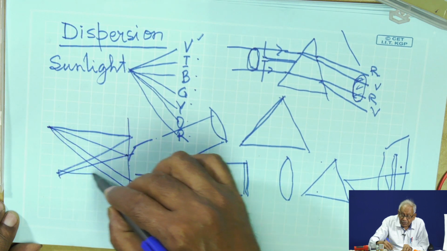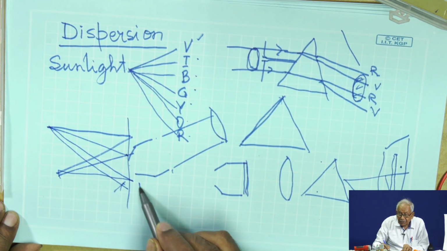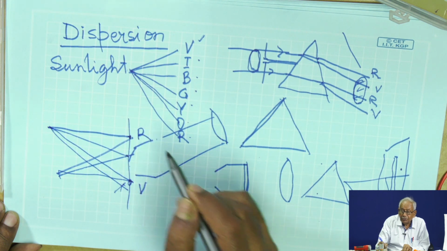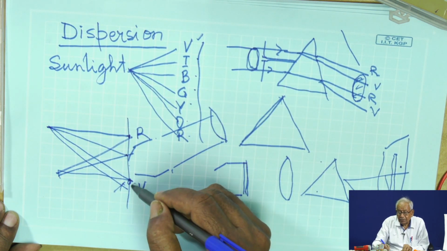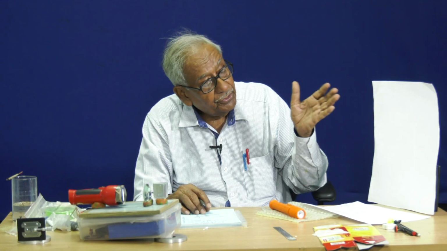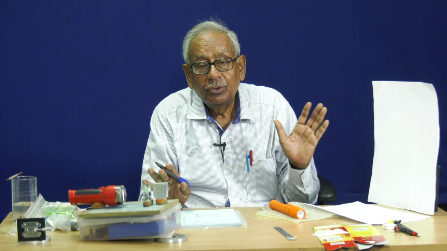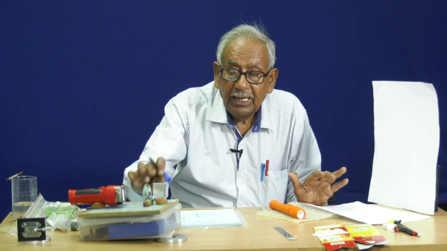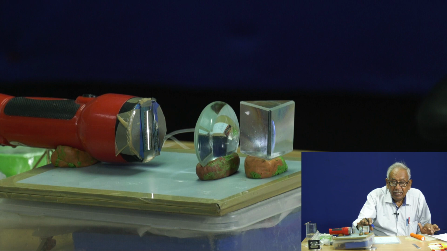This is violet focused to this point, this is red focused to the other, and all other colors you get on the screen in reverse order. So this is your spectrum using a simple ordinary LED torch, a convex lens and a prism.